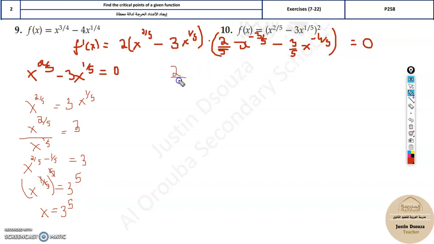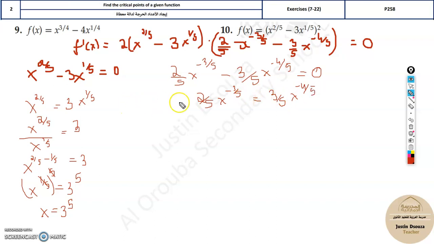Now we have 2/5 x^(-3/5) minus 3/5 x^(-4/5), that is equal to 0. Now all I need to do is take this to the other side. So it will be 2/5 x^(-3/5) equals 3/5 x^(-4/5).